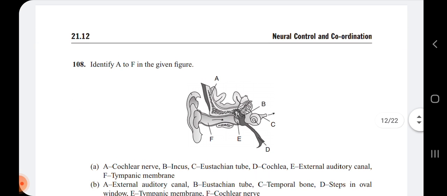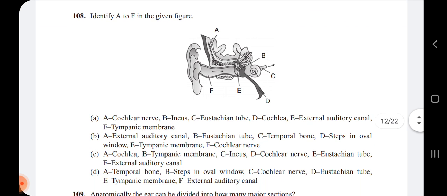So the next question. Here they have given the diagram of the ear, where they have labeled all these parts as A, B, C, D, E and F, and we have to identify them.